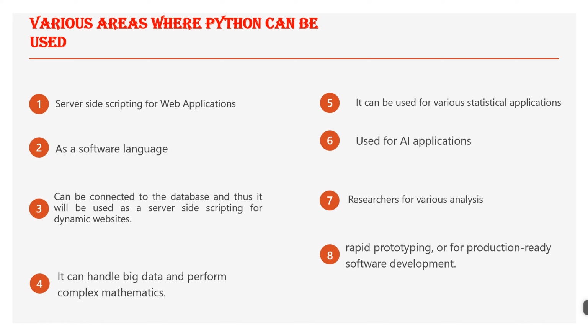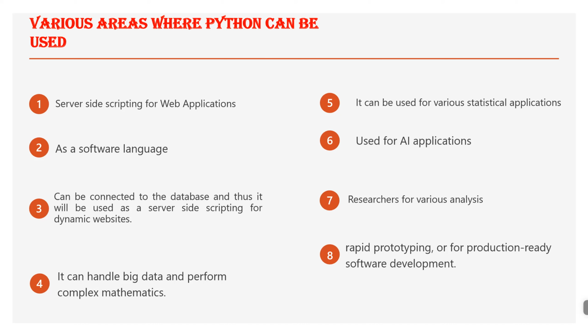Examples for such dynamic websites may be Indian Railways for ticket booking, flight ticket booking, or bus bookings. So various reservations, book my ticket.